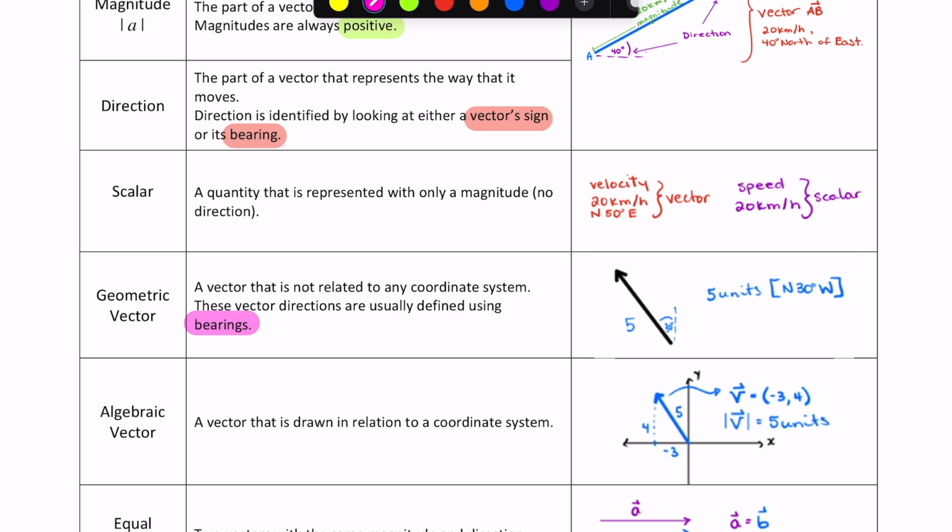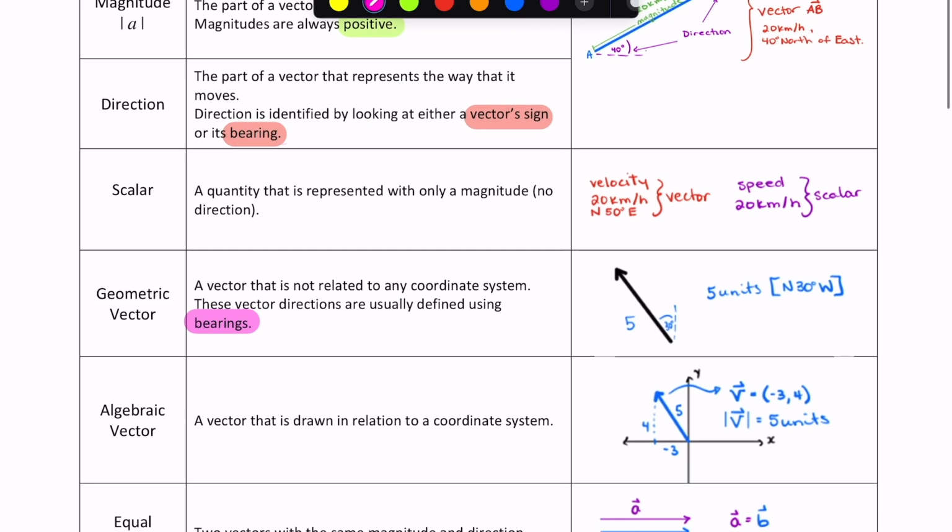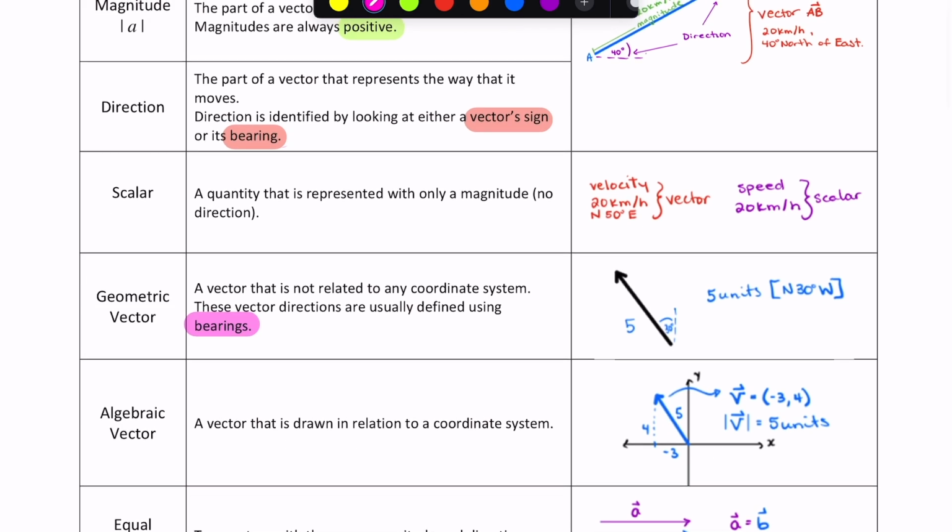That's where the tip is. So here we see that the coordinate is at negative 3 and 4. And if we use the Pythagorean theorem, we see that it is 5 units in length here.